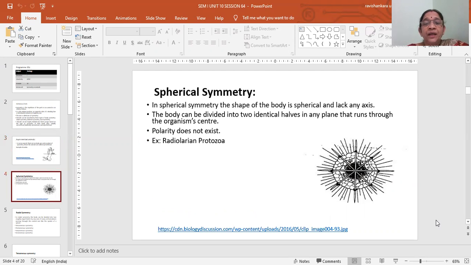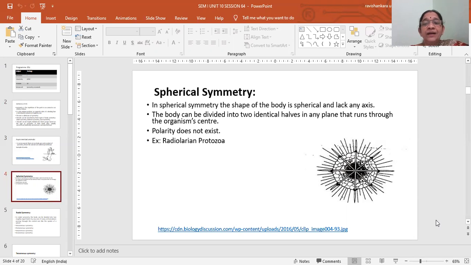Spherical symmetry in certain colonial protozoans, we find there is a kind of polarity of arrangement of structures or organelles. In spherical symmetry, the shape of the body is spherical and lacks any axis.